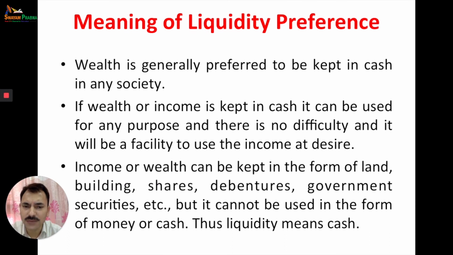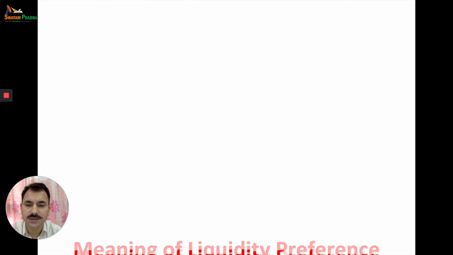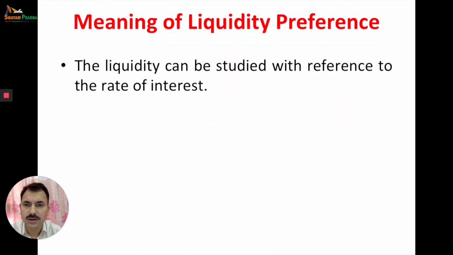According to him, wealth can be kept in the form of land, building, share, debentures, government securities, etc. But it cannot be used in the form of money or cash when it is required. Thus, liquidity basically means the cash. Liquidity we'll discuss here with reference to rate of interest.